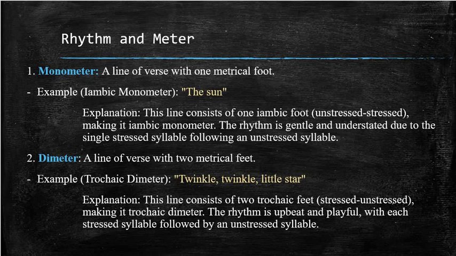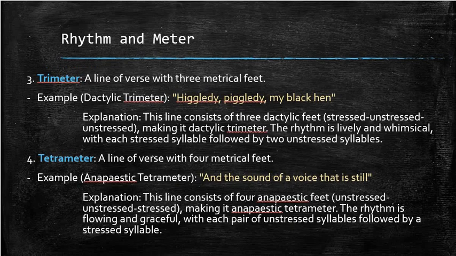So if we take, for example, a trochaic dimeter, it means we have a trochaic foot repeated twice. A trochaic foot is the stressed, unstressed syllables in sequence.